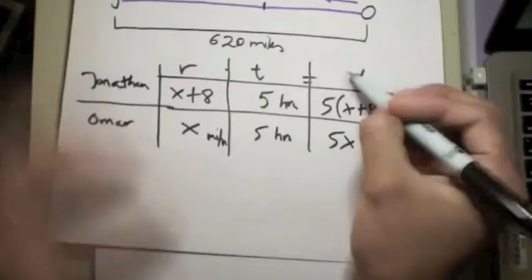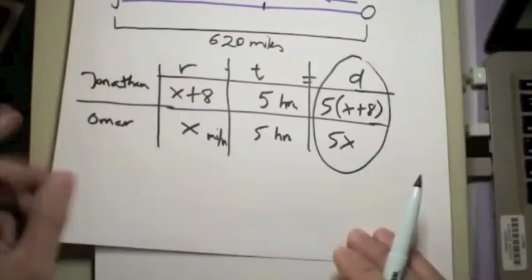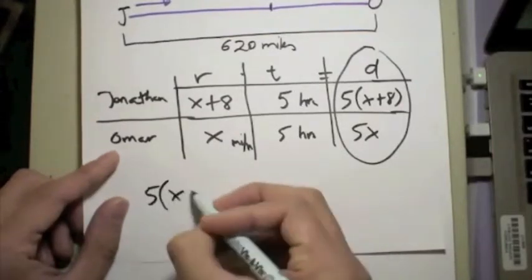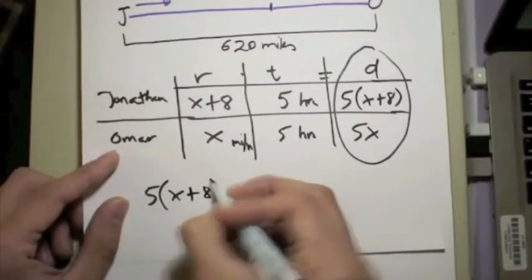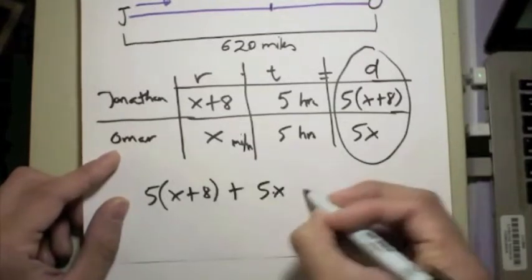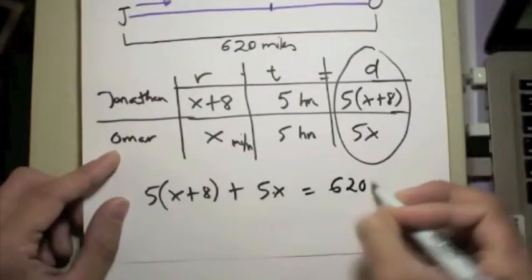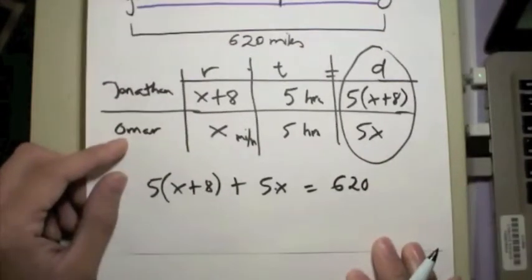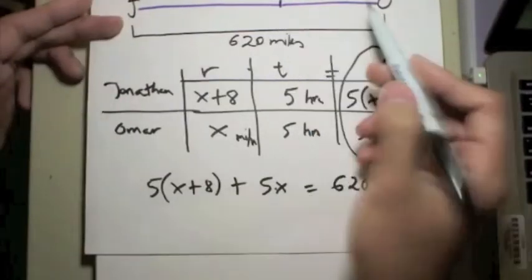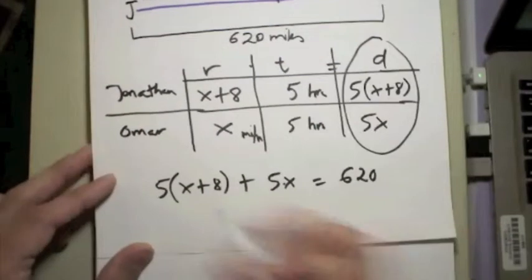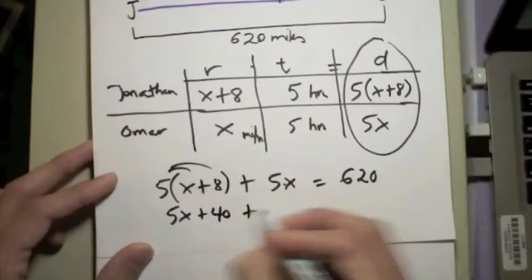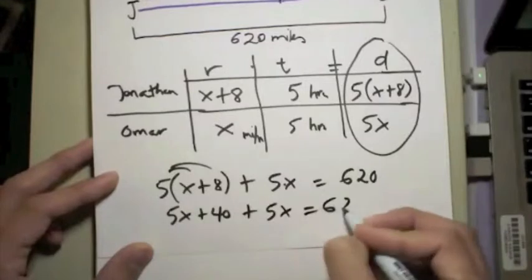Because, remember, we just focus on the distance column here, and the distance Jonathan covered, which is 5 times the sum of x and 8, plus the distance of Omar, which is 5 times x, should give you a total distance of 620 miles, right? If you look at the diagram here, it will make sense. Now all I have to do is start solving. So it's going to be 5 times x plus 40 plus 5 times x equals 620.